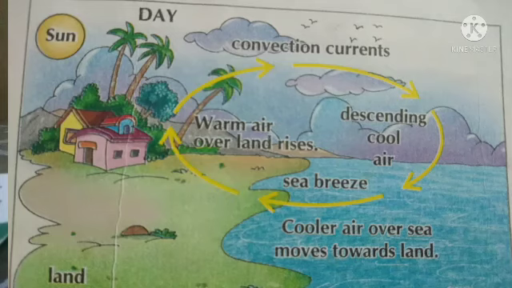And when the breeze blows from land to sea, it is considered a land breeze. Mostly this happens at night. So now we can explain sea breeze and land breeze in detail.